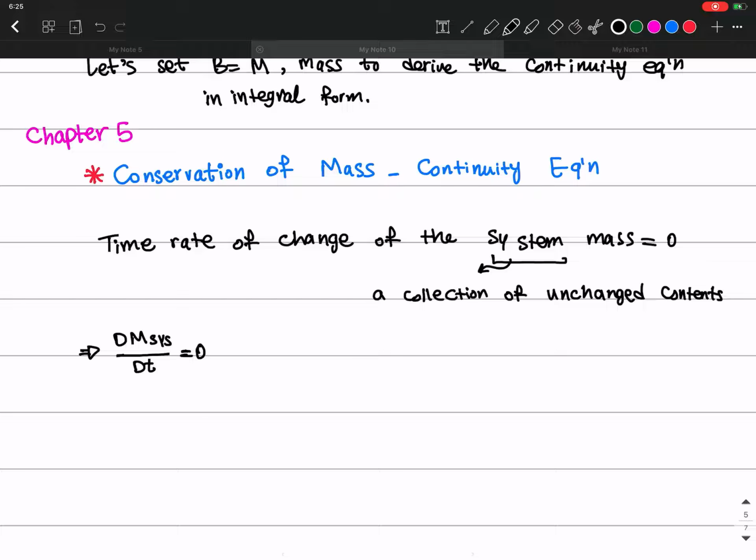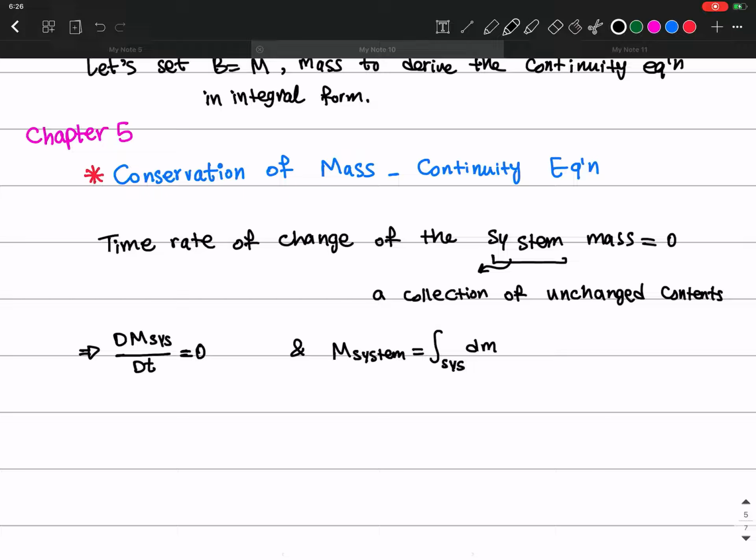And we know that the mass of the system can be represented as the integral of the masses of all the small elements, the dm's, integrated over the whole system.